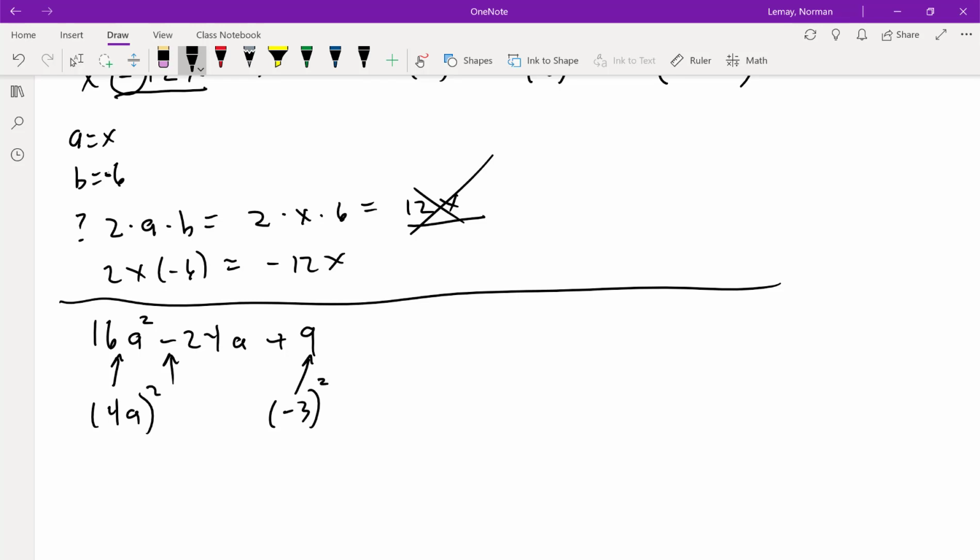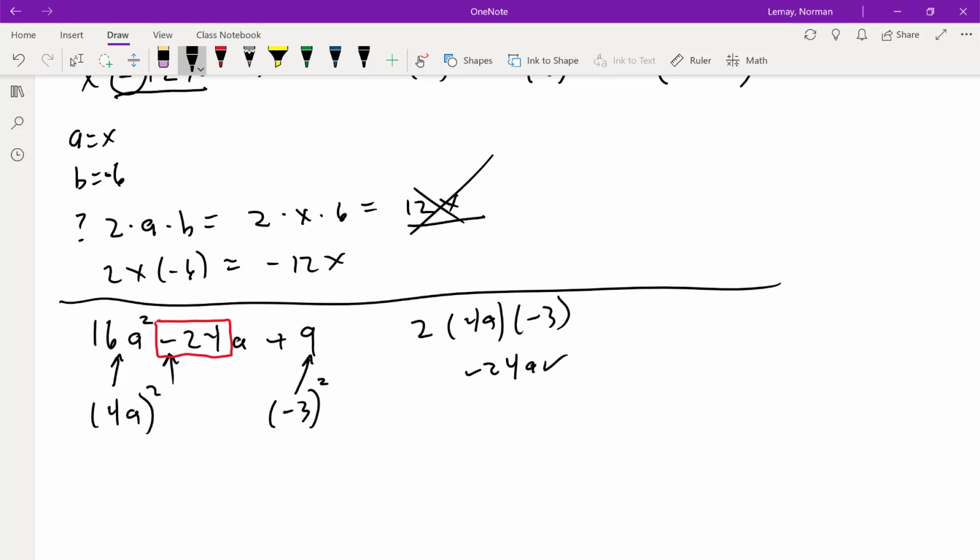All right, so now the question is do we get our middle term, right? Is our middle term twice the product of a and b? So let's just double check. So here we get 2 times 4a times a negative 3. So 2 times 4 is 8 times negative 3 is minus 24a, and that checks out.